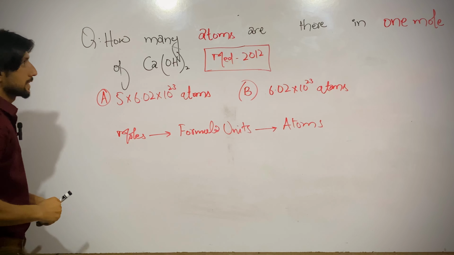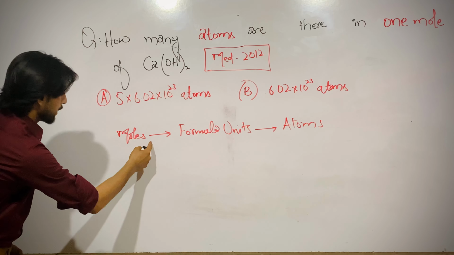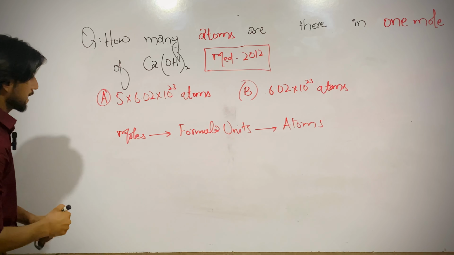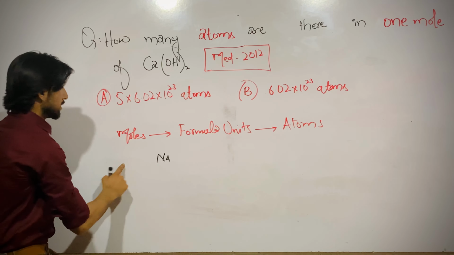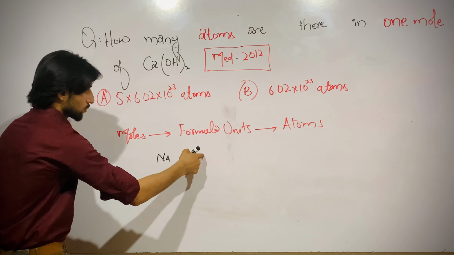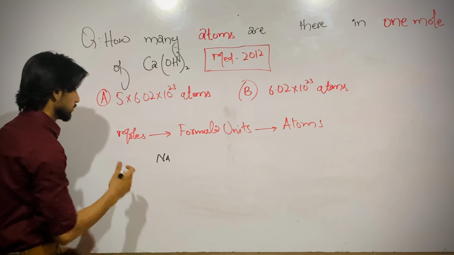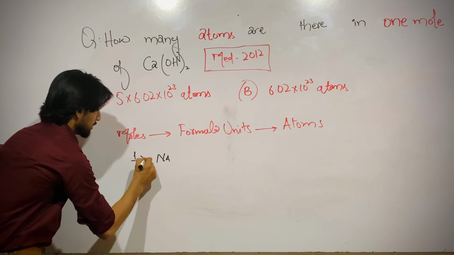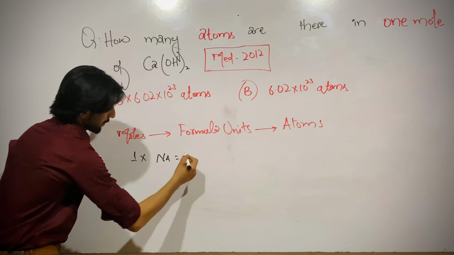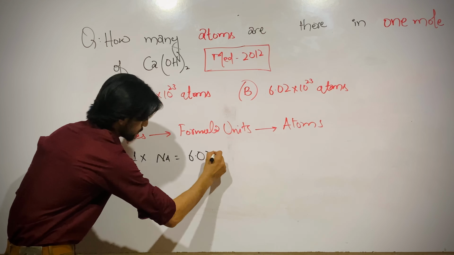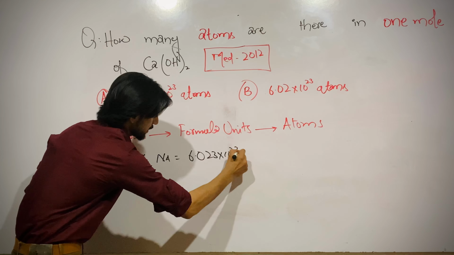So in the first step, the conversion factor is Na, Avogadro's number. We have to multiply the number of moles with Avogadro's number to get the required formula units. So we will multiply 1 with Avogadro's number and we will get 1 multiplied by 6.02 multiplied by 10 to the power 23.